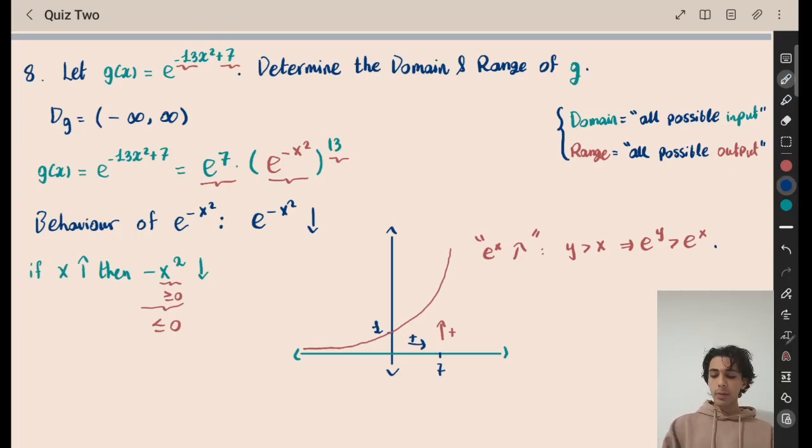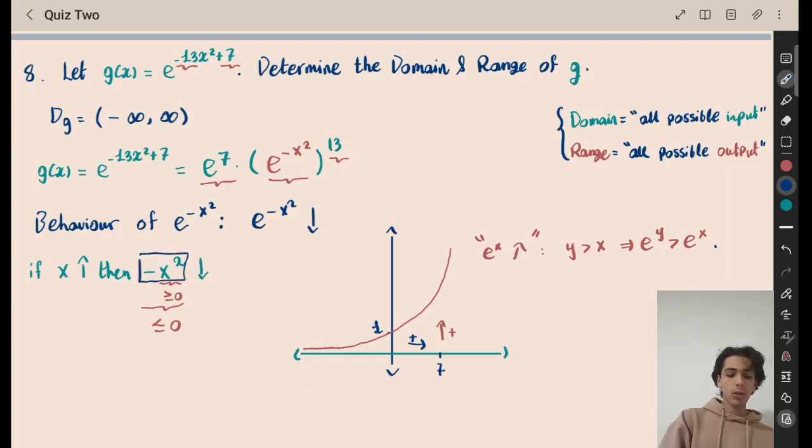And so the key to understanding the behavior is noticing that when we increase x, minus x squared decreases. And when minus x squared decreases, e to the minus x squared also decreases. Or maybe I'll be more general.